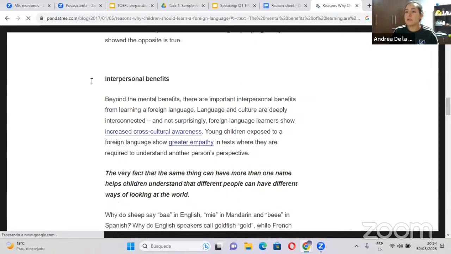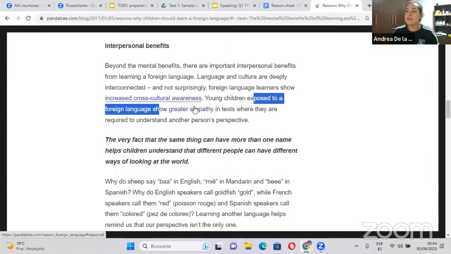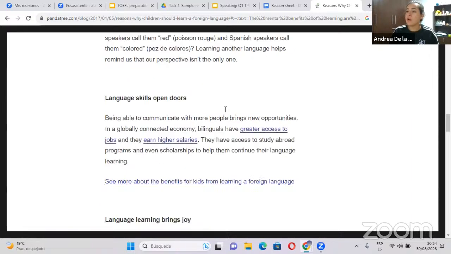I don't know, interpersonal benefits. So when children are exposed to a foreign language, they show greater empathy, let's say, right? They show greater empathy. That's something that maybe you can use.